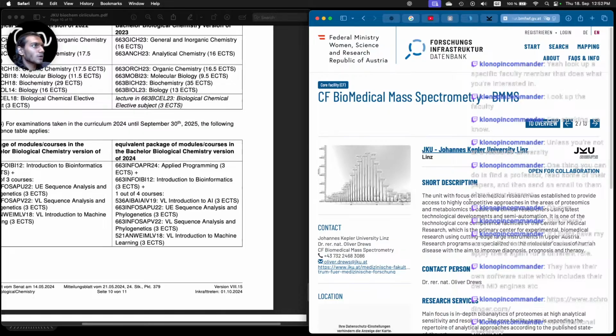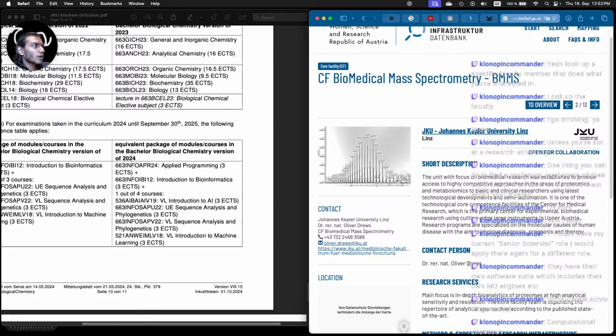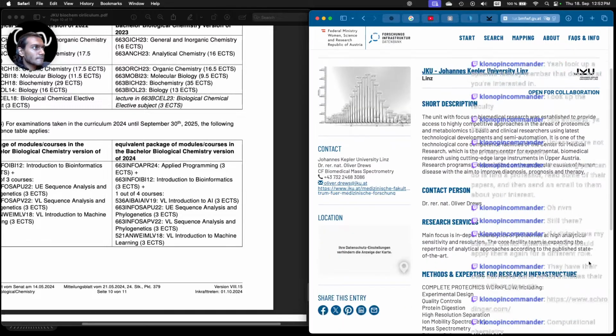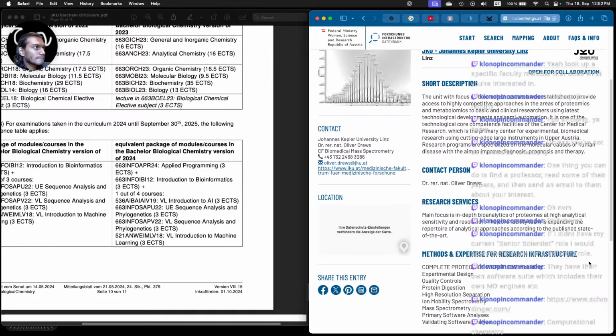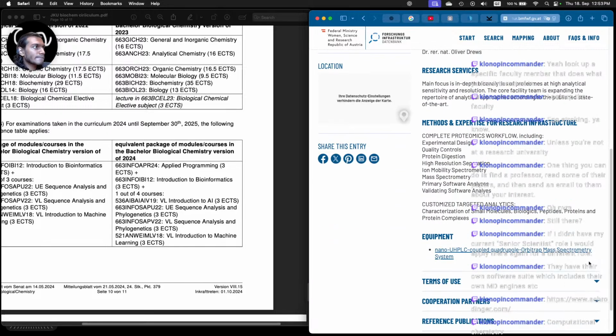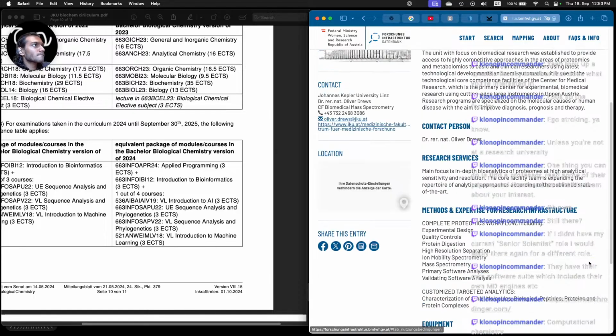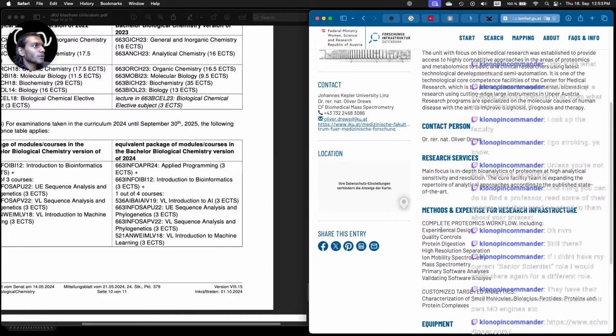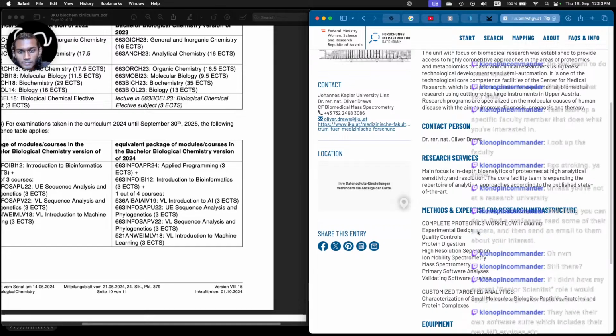The unit focuses on biological resource establishment. Contact person. I think that's the one, right? Complete workflow including experimental design, quality control. Only if that's what you want.